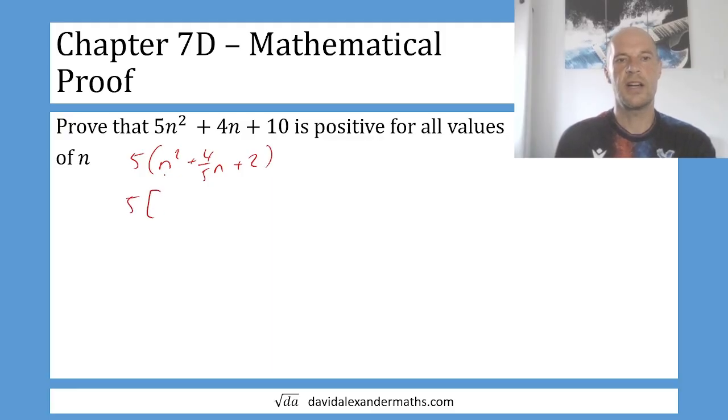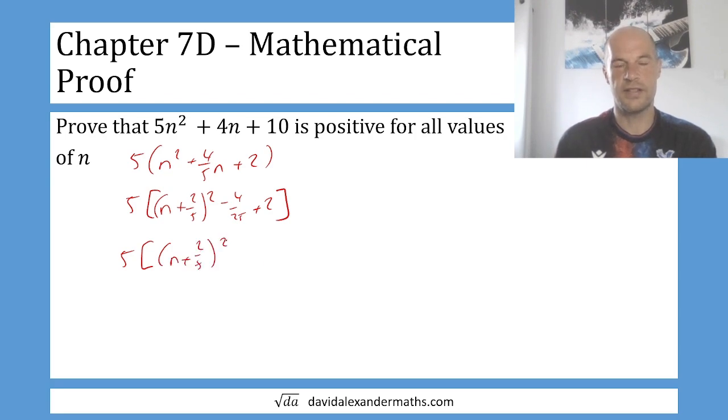Completing the square on the n squared plus 4/5 n is going to be n plus 2 over 5 all squared, minus 4 over 25, plus 2. Now, what is 2 minus 4 over 25? Well, that's 46 over 25. So that's going to be 5 lots of n plus 2/5 all squared plus 46 over 25.